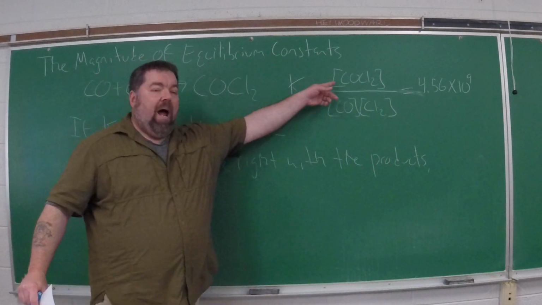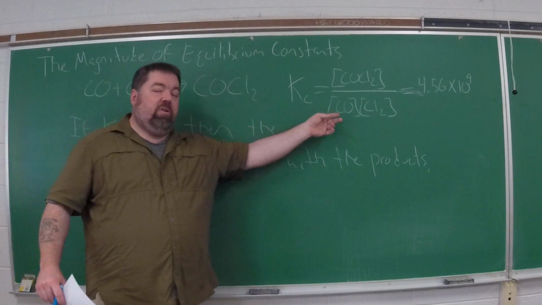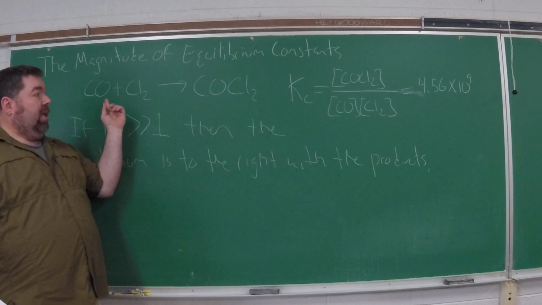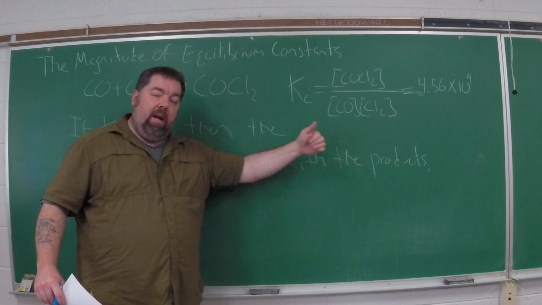Again, large numerator, what would that mean? More products. Small denominator, what does that mean? Less reactants. So again, the equilibrium lies to the right, right?